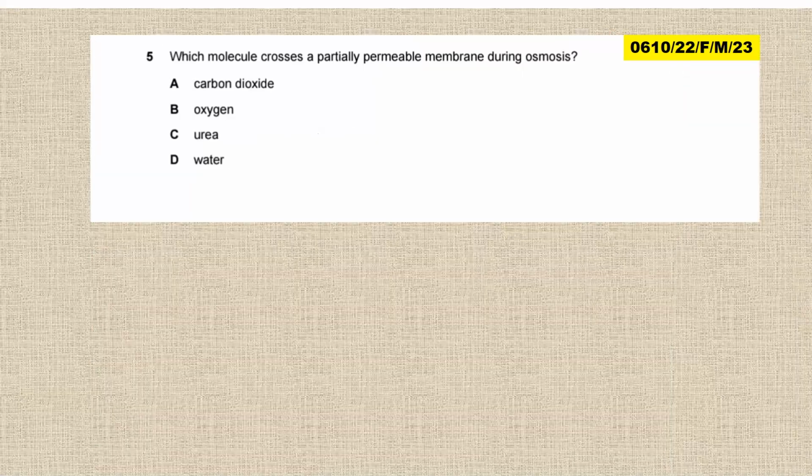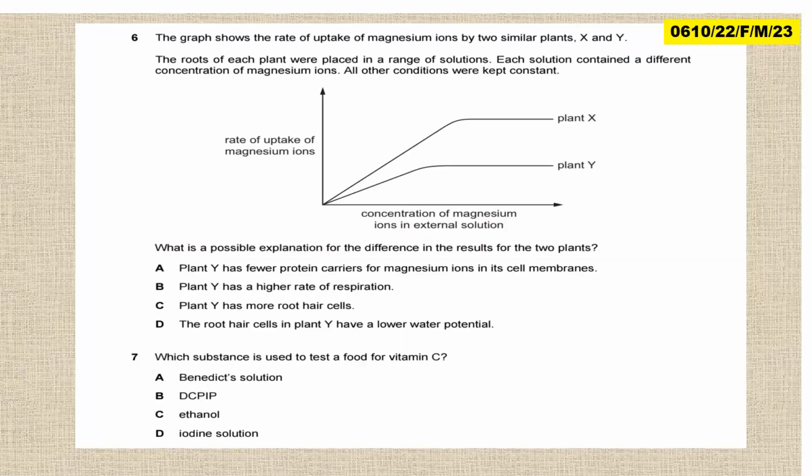Let us look at this one, paper 2, variant 2, February/March 2023. Which molecule crosses the partially permeable membrane during osmosis? So it's water. Osmosis deals with water. Then we have another question on a graph.